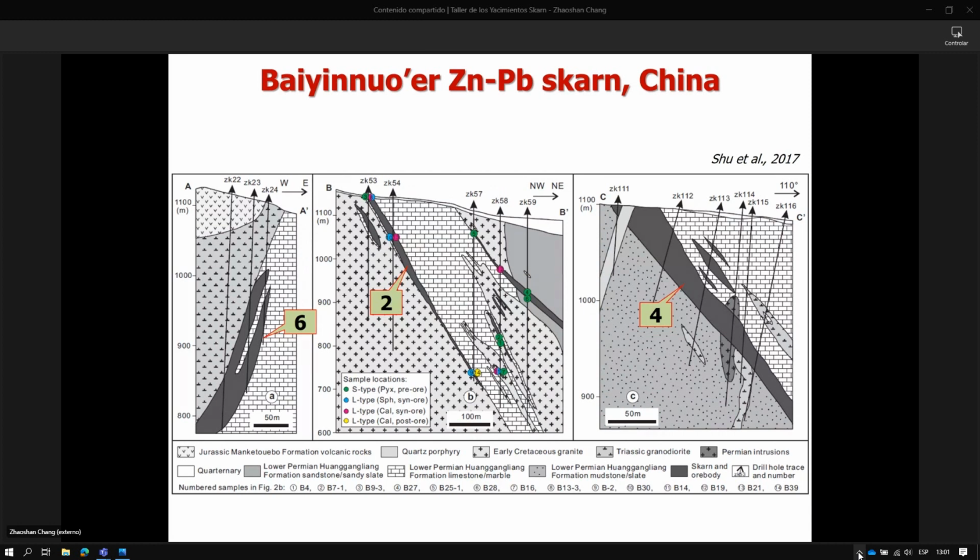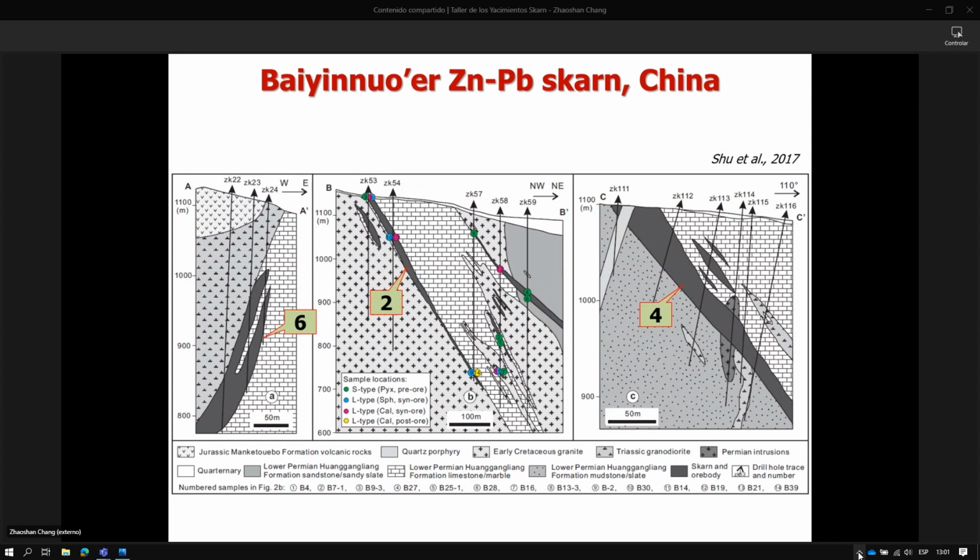If you look at the skarns, some of them are actually along this boundary, but there are also skarns along this older intrusion. And obviously we also have sandstone and limestone. You also get big skarns at the bottom. So that's control number 4.